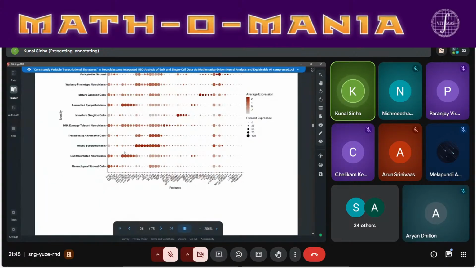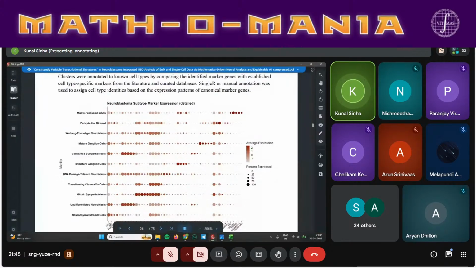So you can search the name in PubMed or Web of Science or any other medical journal or medical website that you like, and then you can read through the papers, and they will have named the cells there. You can use that, and you can use text mining as well, to tell, okay, this is a mesenchymal stromal cell, or this is a mitotic sympathoblast. That is what is basically happening there.